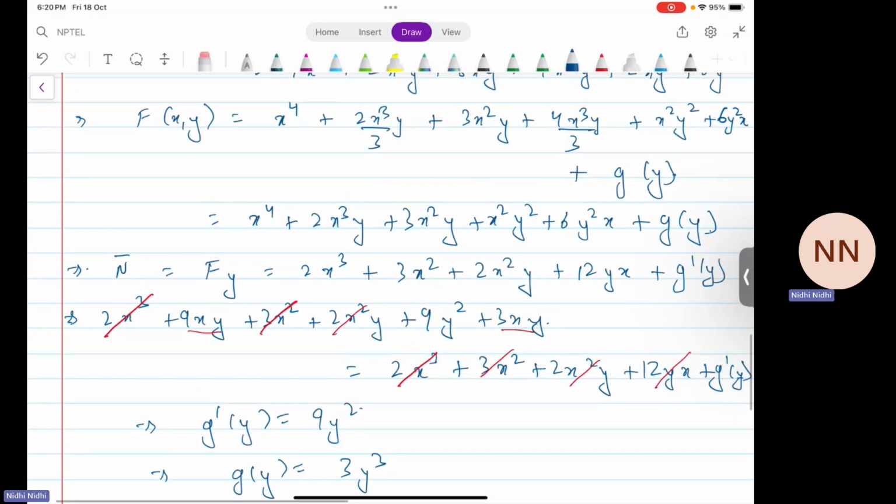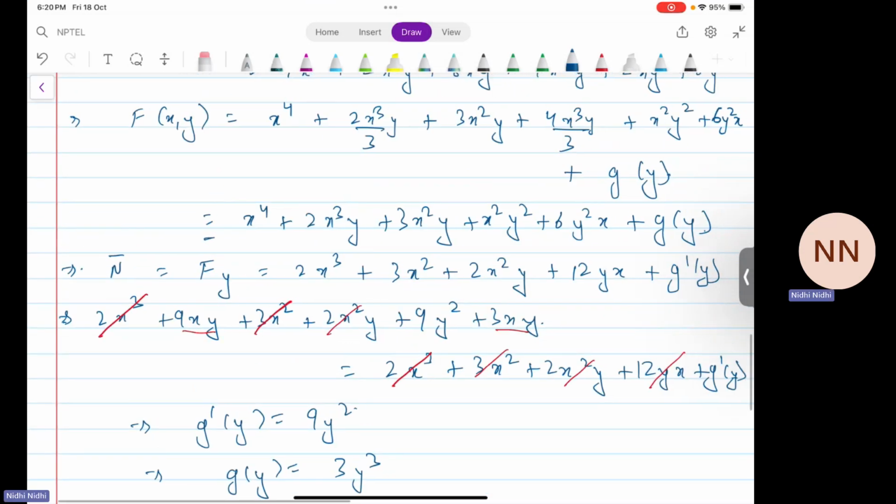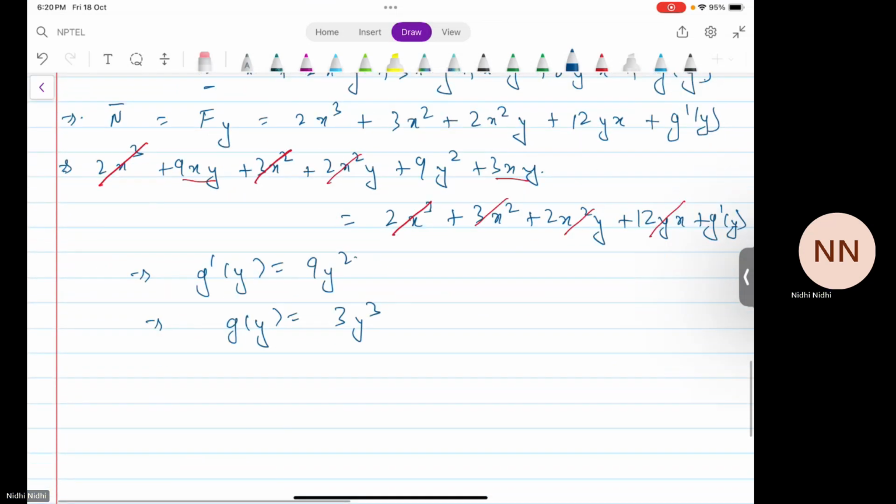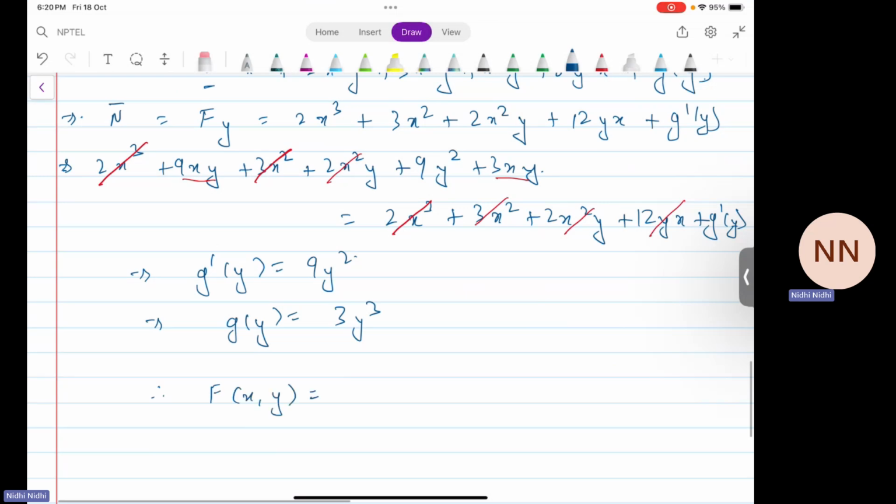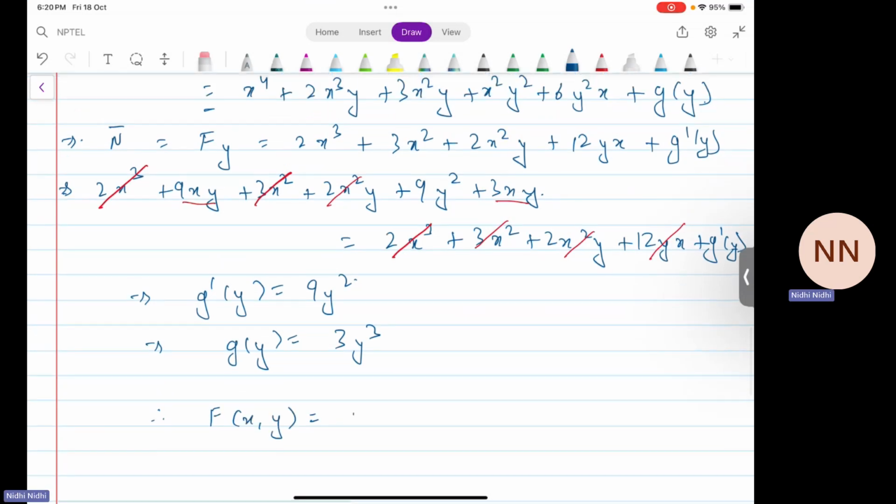Therefore, what was our f of x y? From here, f of x y is equal to x power 4 plus 2x cube y plus 3x square y plus x square y square plus 6y square x plus g of y, which is 3y cube.